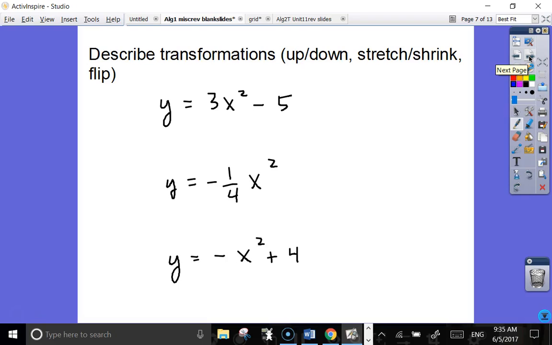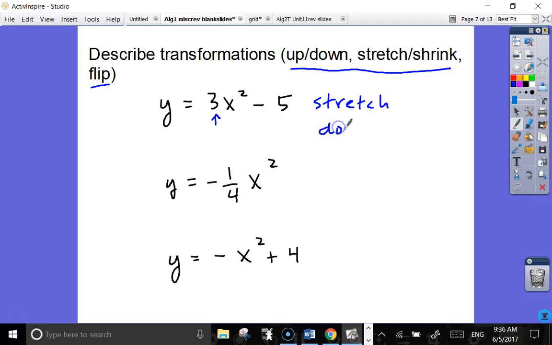All we want to do is describe what is the effect of multiplying the x squared by a 3? It's one of these things here, right? When you multiply by a number bigger than 1, what do you call that? That's a stretch. How about when you subtract a number after the function?